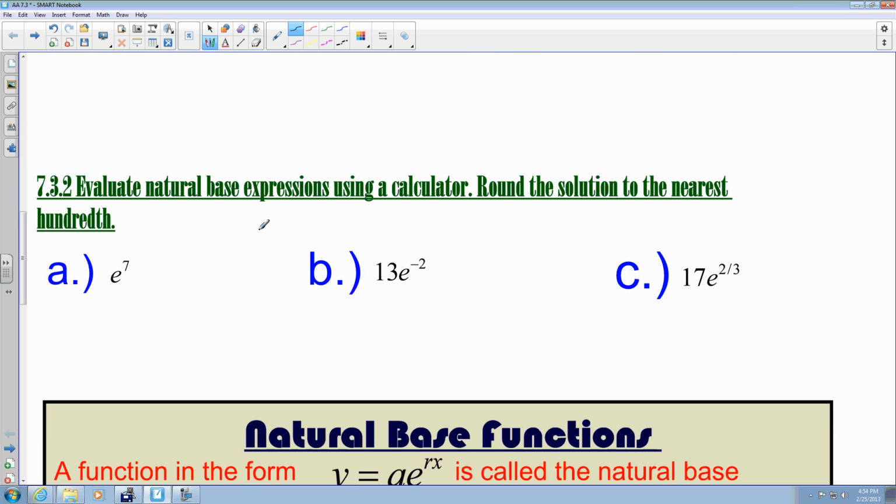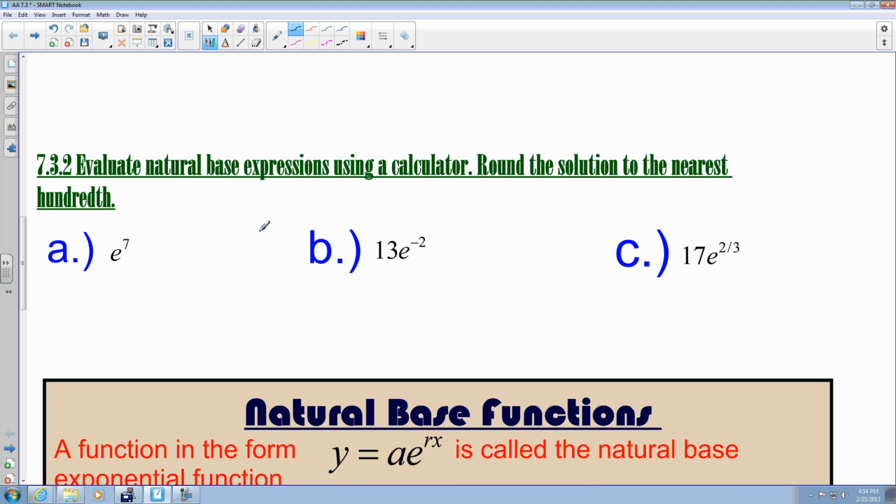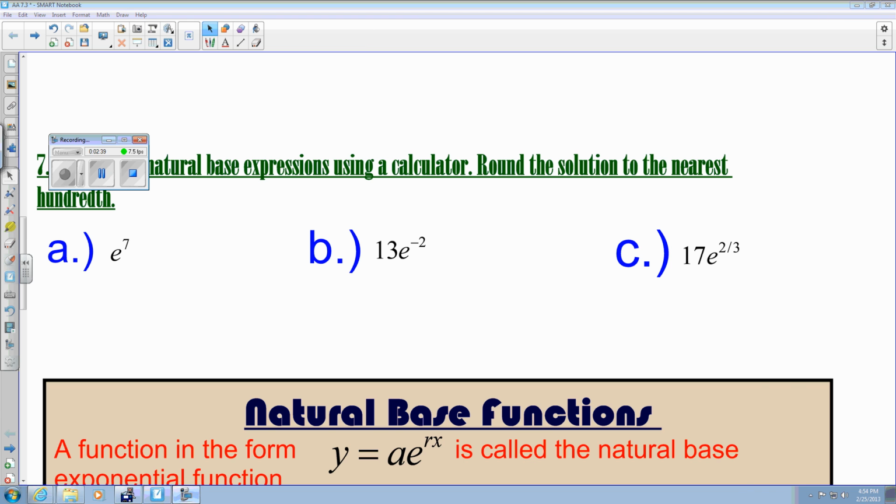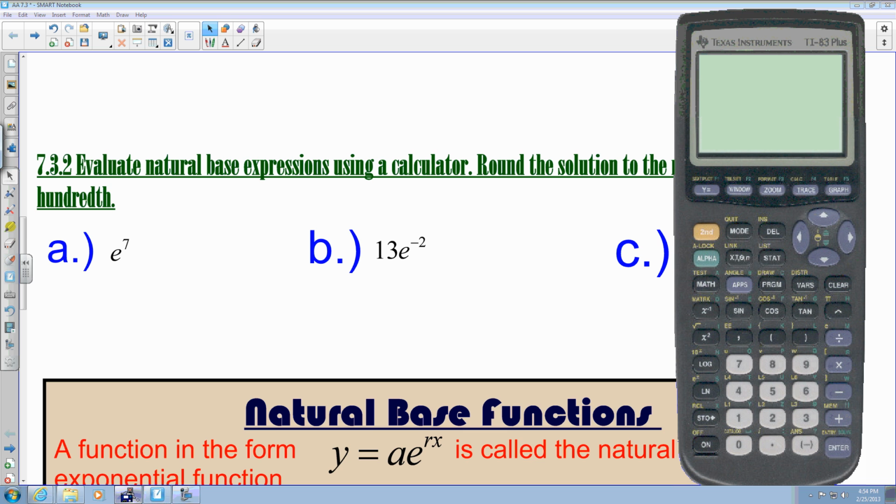Now, if you were to evaluate, that means you're going to punch it in your calculator. So if I hit my second button, and you see where it says natural log, but it has that e to the x power there, when I click on that, that'll give me e to some power.